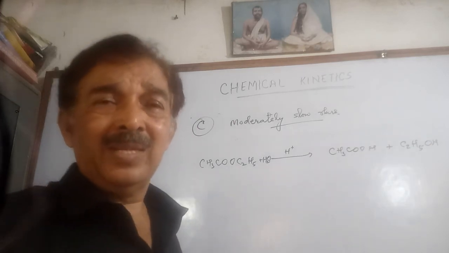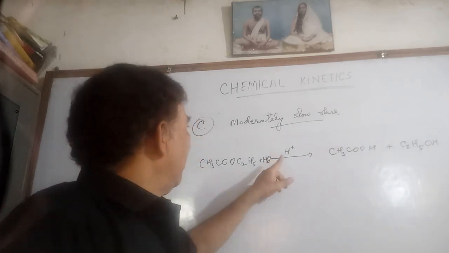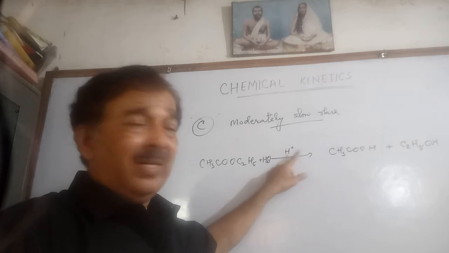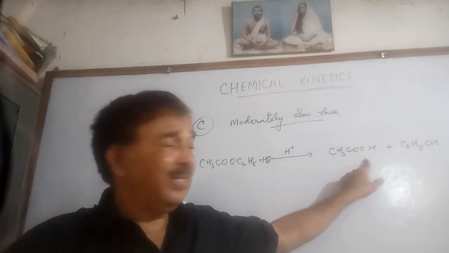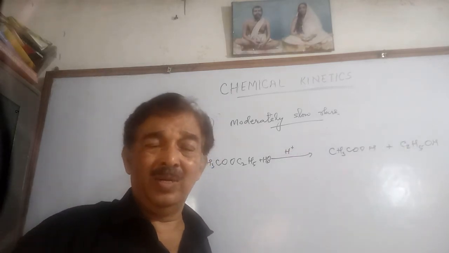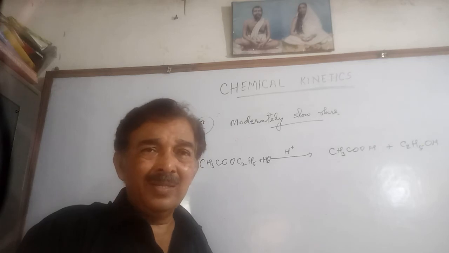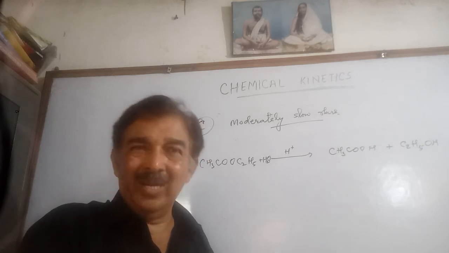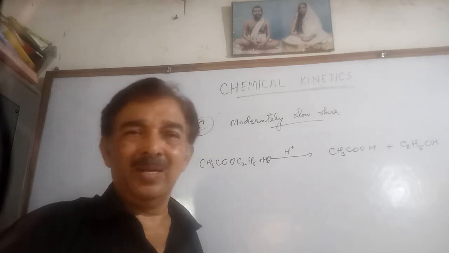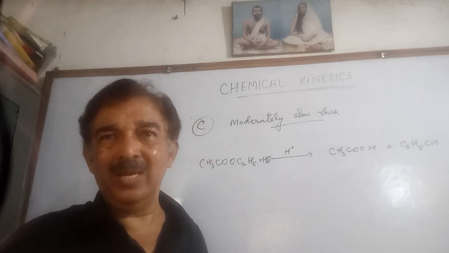Hydrolysis of ethyl acetate in acidic medium gives acetic acid and ethyl alcohol. The reaction rate is moderate, so we can easily calculate the rate of such reactions.